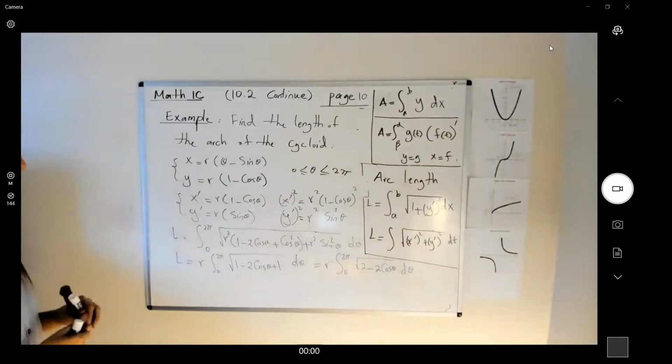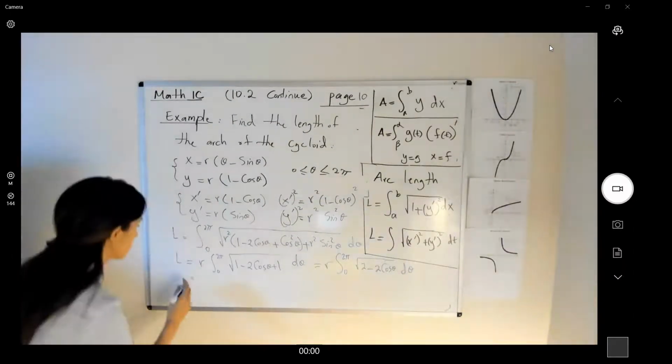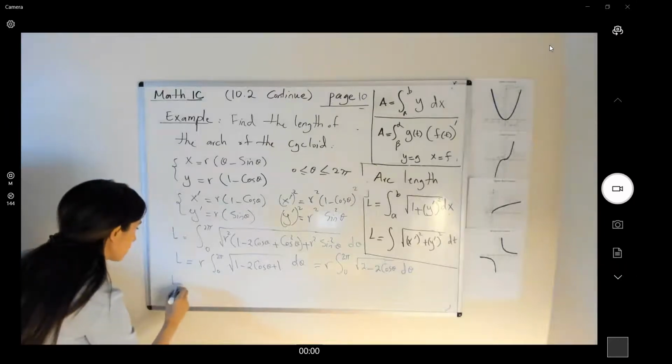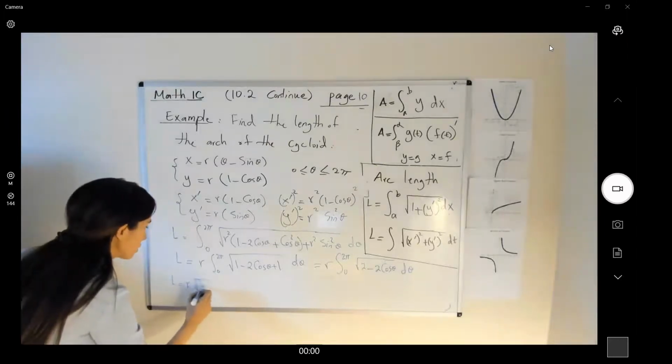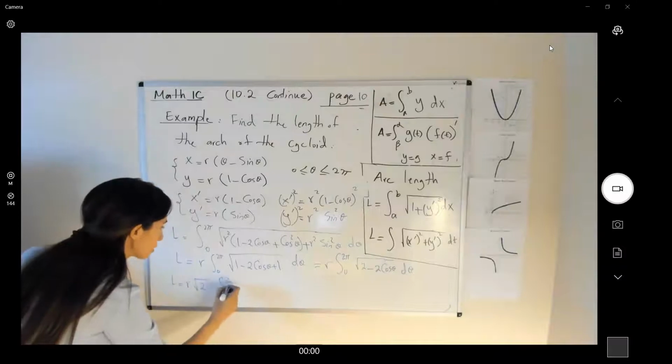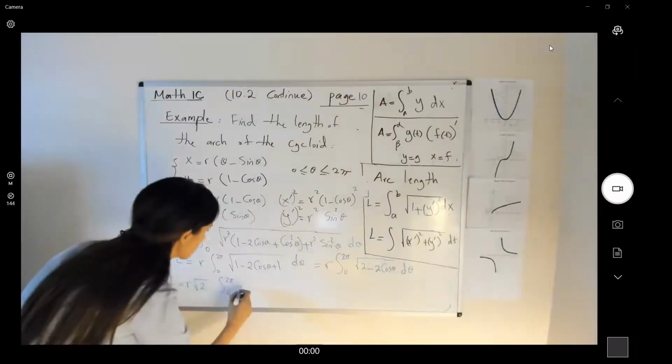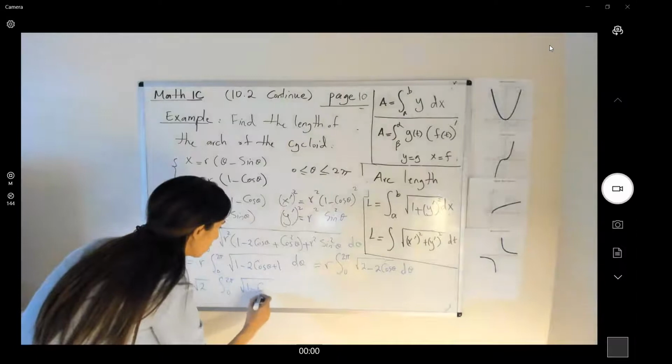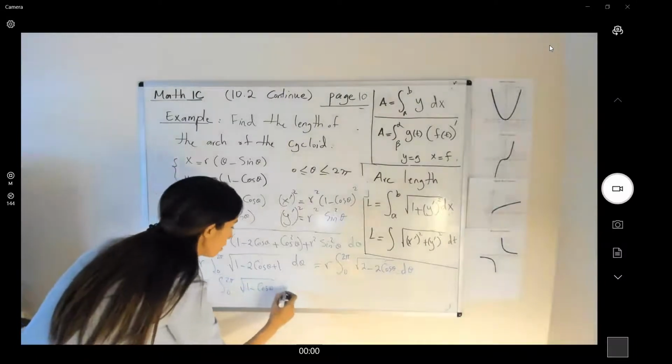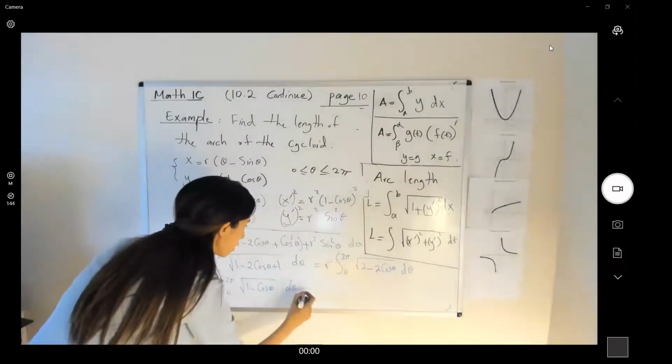Very well, we can factor out the square root of 2. So L is equal to r times square root of 2 times the integral 0 to 2 pi of the square root of 1 minus cosine theta d theta.